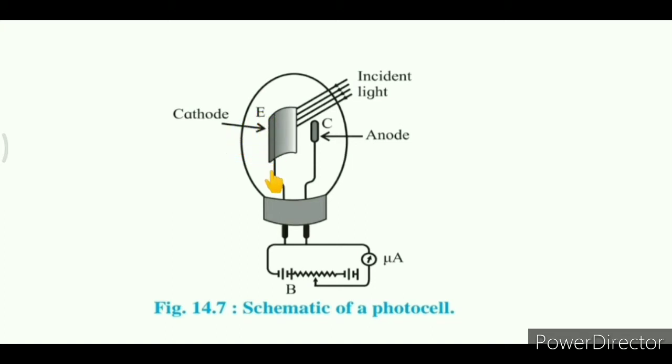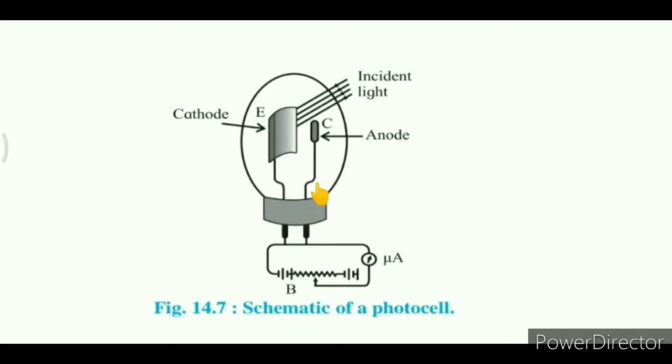Because of this shape, the photoelectrons emitted from here, since it is always kept at the negative potential of the battery, are attracted towards the collector, plate C, without any deviation. The collector is in the form of a metal rod fixed at the axis of the semi-cylindrical emitter.